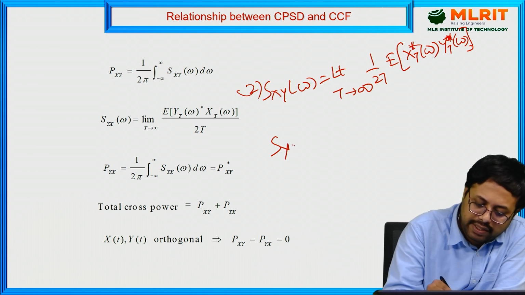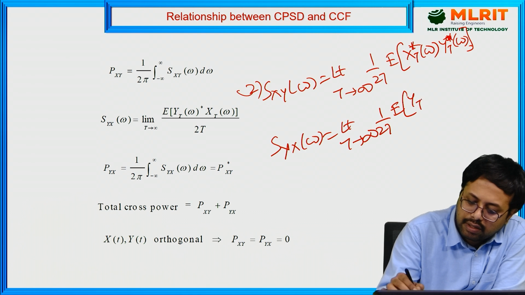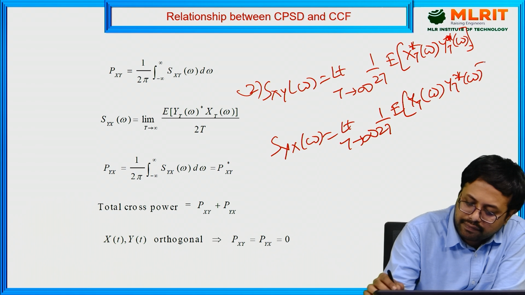Next, Syx of omega is equal to limit T tends to infinity 1 by 2T expectation of X_T of omega Y_T conjugate of omega.